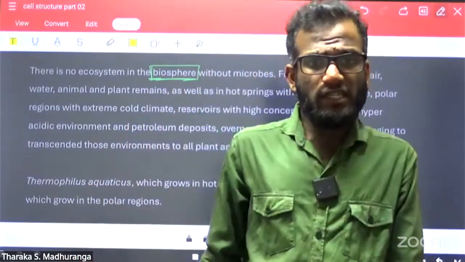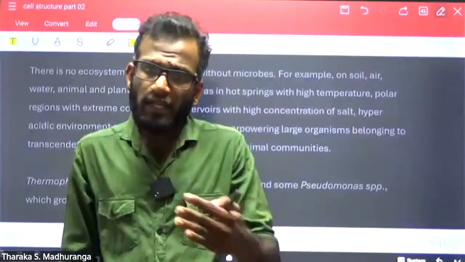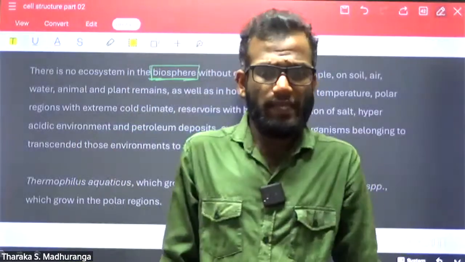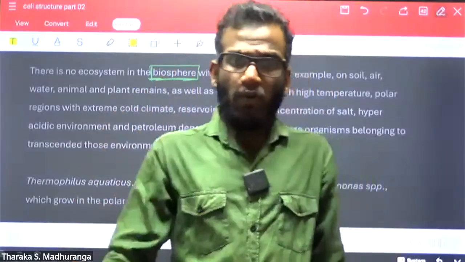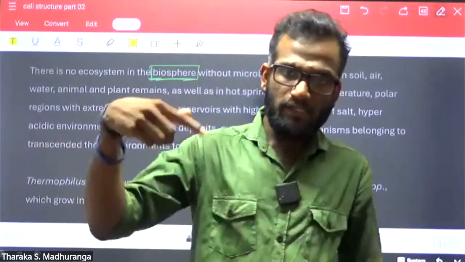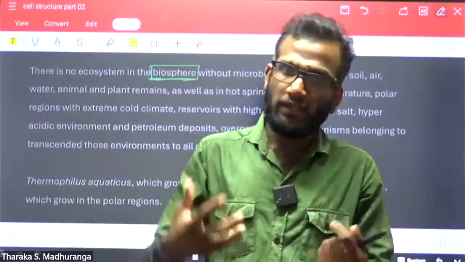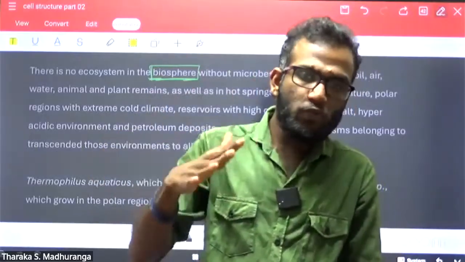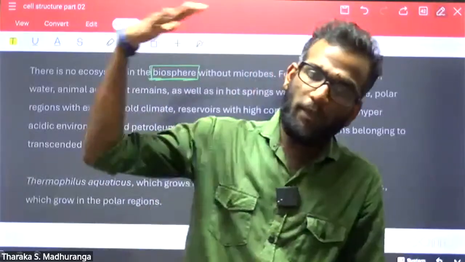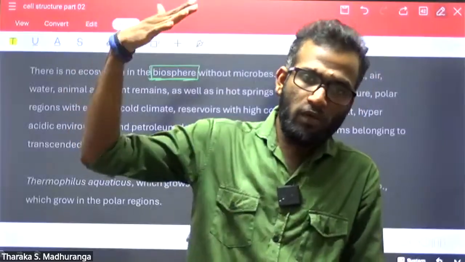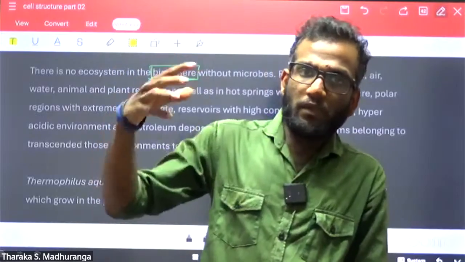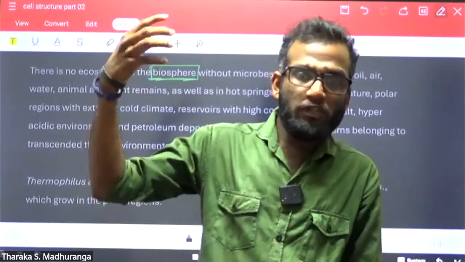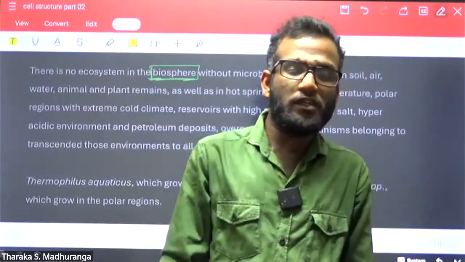But additionally, microorganisms can live even in abnormal environments, like polar regions, inside glaciers, highly acidic conditions like pH 1 to 2, highly basic conditions like pH 13 to 14, hot springs, and high temperature conditions.